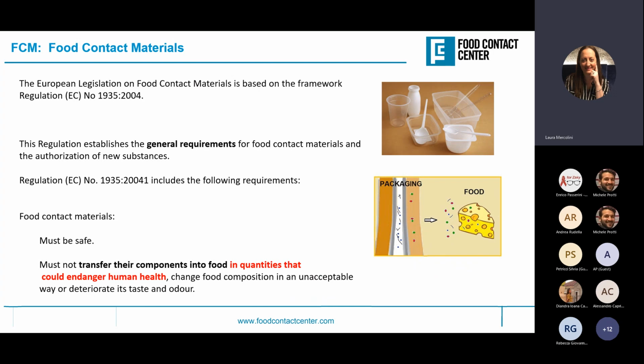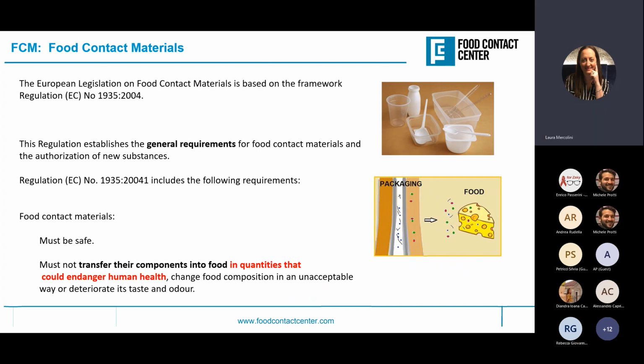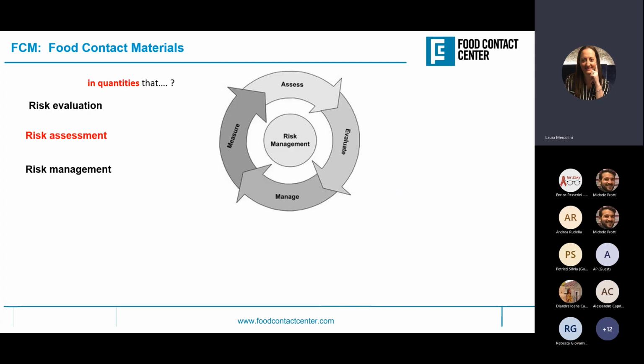There are no limits focused on the total content. We must perform migration testing, and we must identify substances and evaluate quantities that could endanger human health. So the content is important, but what we must evaluate is the migration into the food and also the exposure of the consumers.